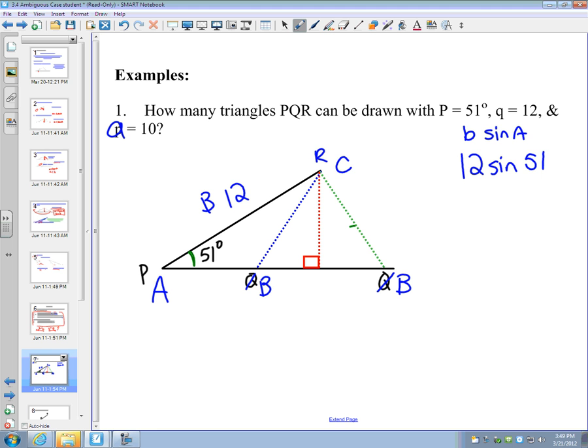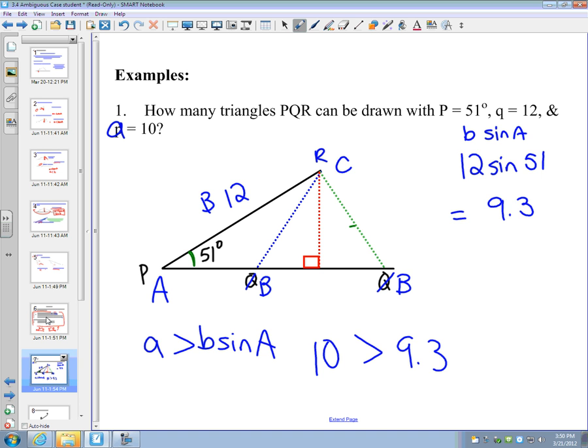Well, 12 sine 51, if we put it in our calculator, is equal to 9.33. So we want to compare side length A to that. Well, A is 10. So how does 10 compare to 9.3? 10 is greater than. In other words, we have A is greater than B sine A.